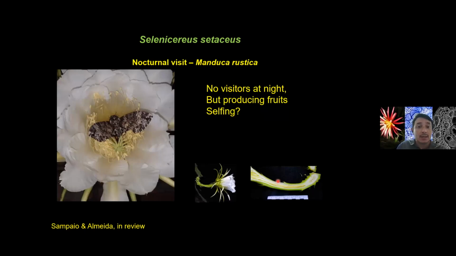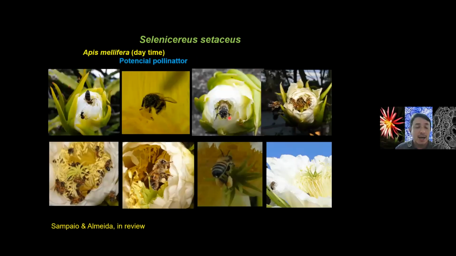But it's producing fruits. And then we were discussing; the first thing we thought is that in many species of cacti, they can reproduce by themselves. They don't care about the others. They are self-compatible.